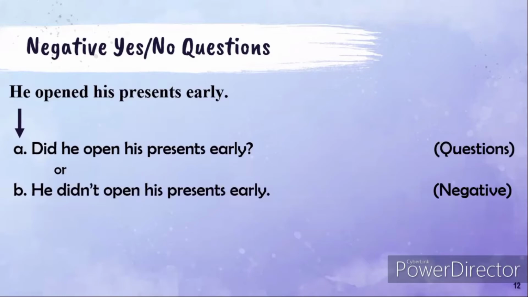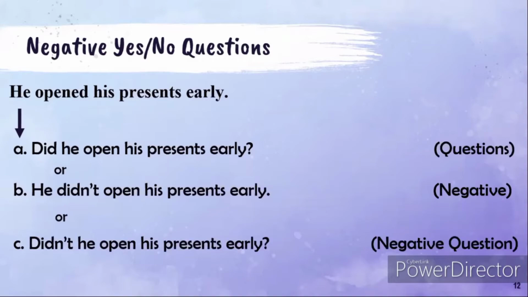For letter B, he didn't open his presents early. Negative sentence. For letter C, didn't he open his presents early? Became negative question. Have you noticed the transformation? If yes, that's good. To become more clear, let's go to the next slide.